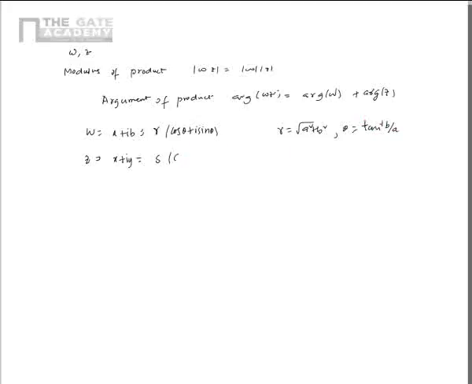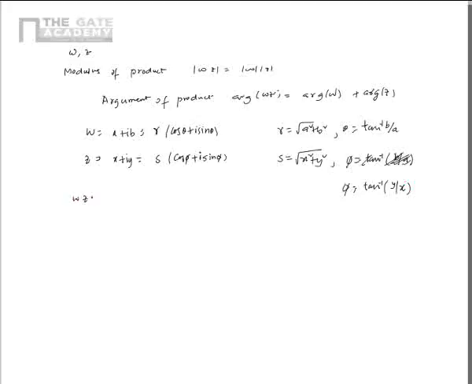Similarly, z is s cos phi plus i sin phi, where s is root over x square plus y square, and phi is tan inverse, sorry, y by x. Okay, so this is how w and z are represented.